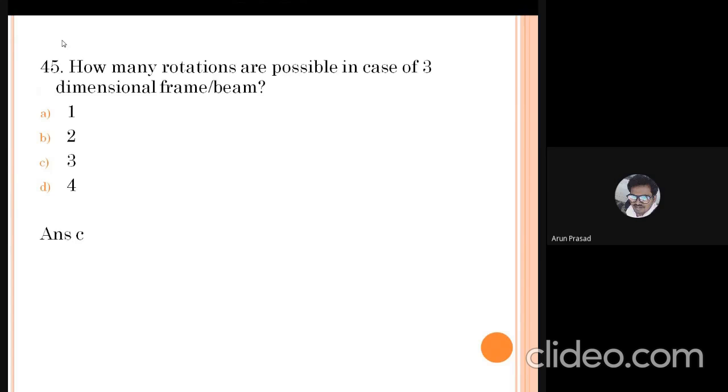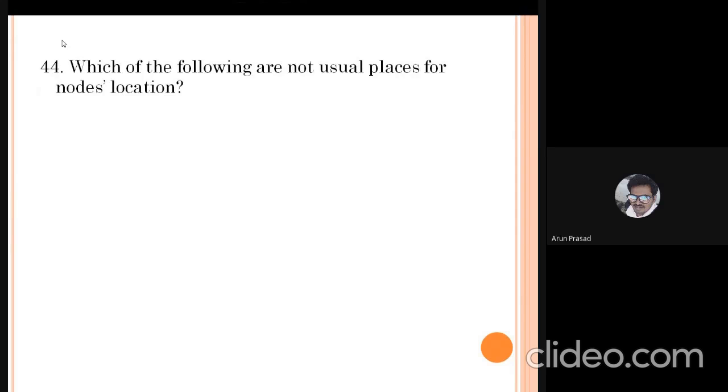Okay, so next, which of the following are not usual places for the nodes location?